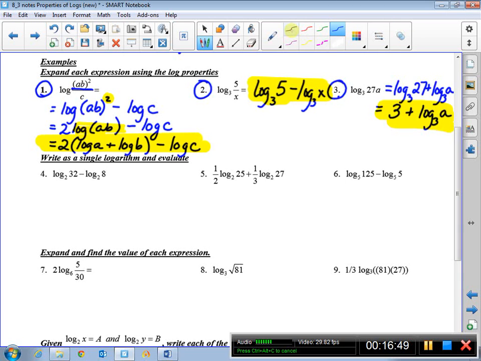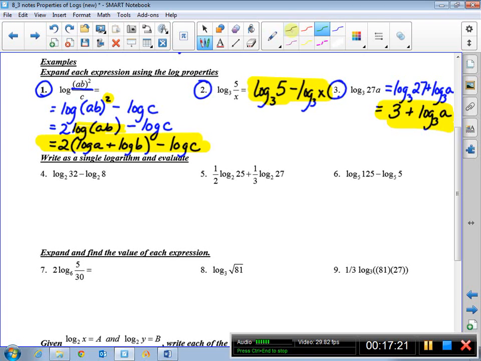And I didn't want to jump right into that. Okay. Next set of problems say write as a single logarithm and evaluate. So we're going backwards now because I have log minus log and log plus log and log minus log. So they want us to put these back together in a single logarithm and then evaluate them, get an answer for them.